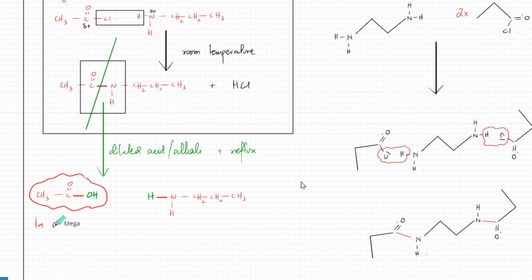So in alkaline hydrolysis, because a carboxylic acid is an acid, the carboxylic acid group, the COOH group, reacts with the alkali to form salts.